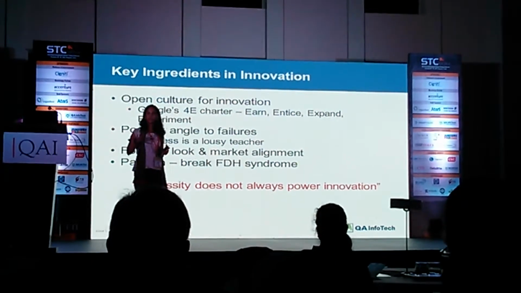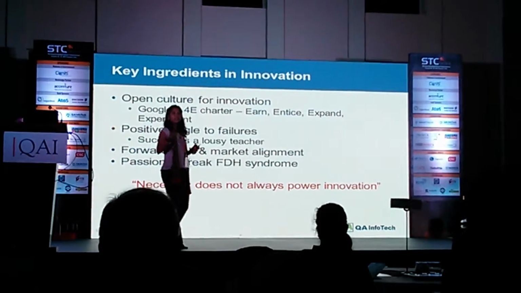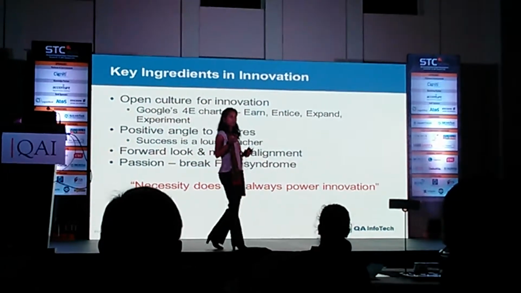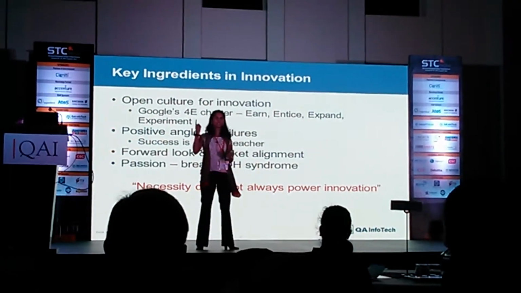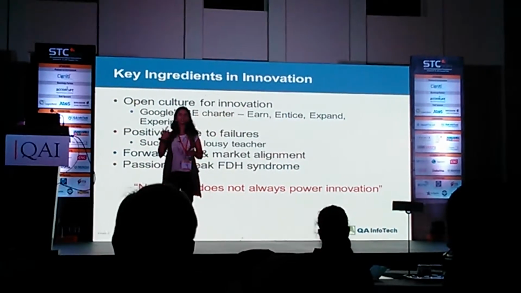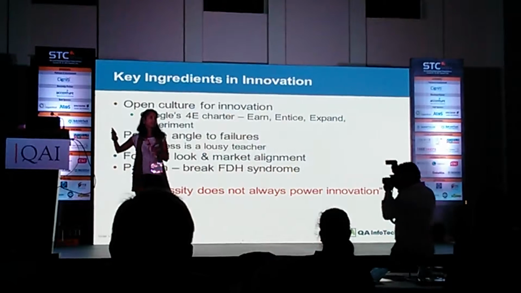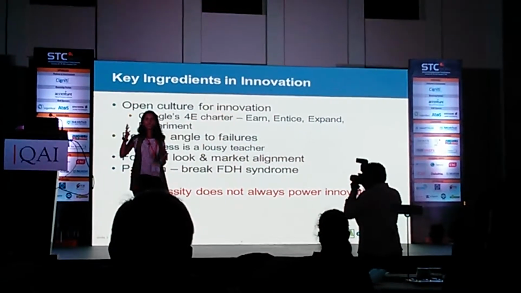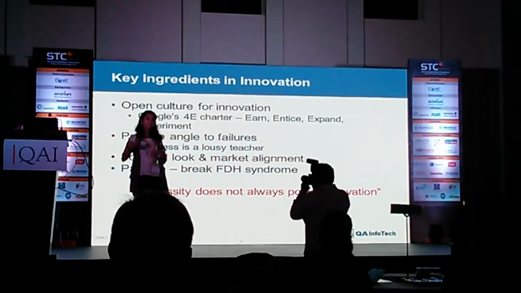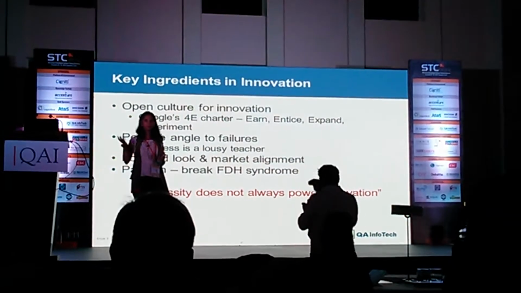Google is driven by a 4E charter of earn, entice, expand, and experiment. Of these 4 E's, the E on experiment, which is what drives innovation, is a very powerful E that feeds into the other 3 E's. So firstly, let's see how we can bring in that open culture to innovate.